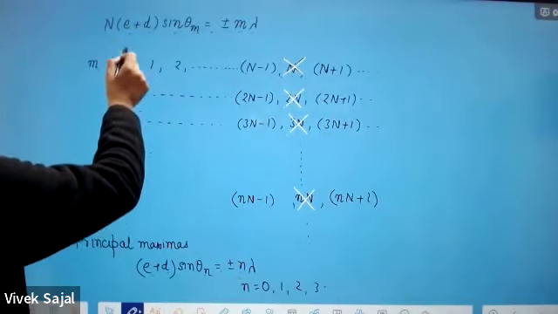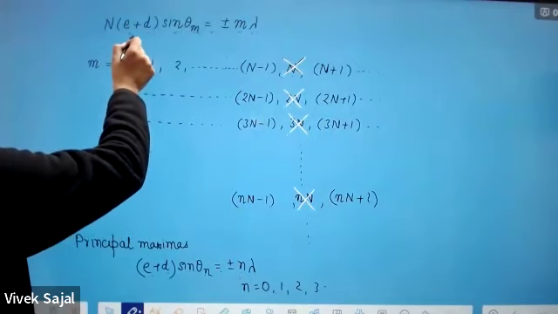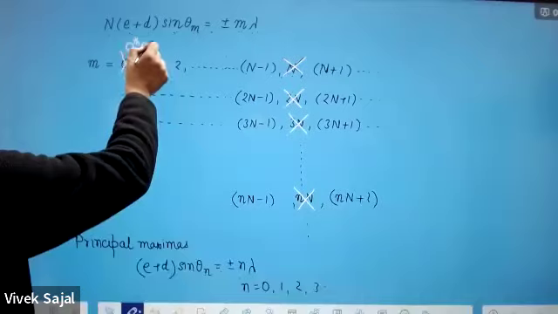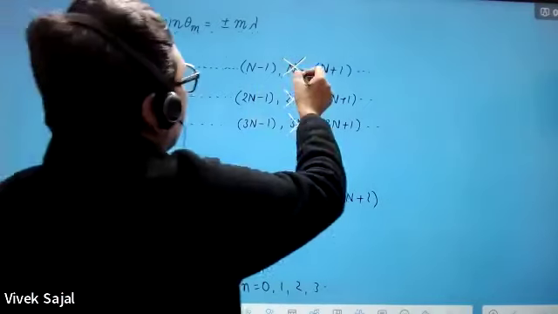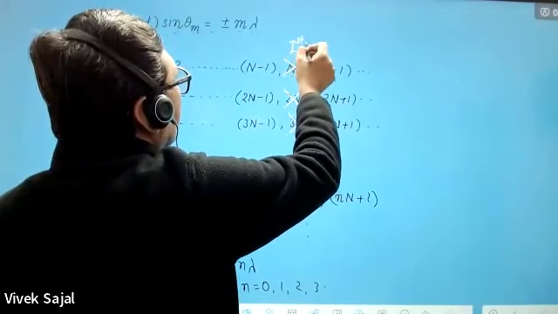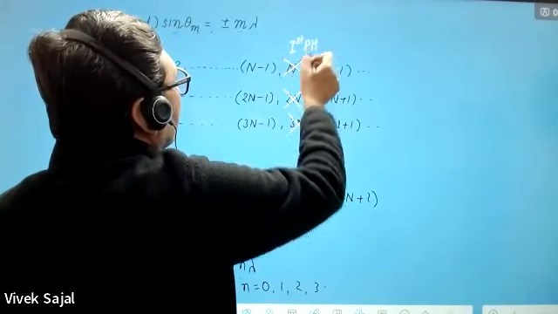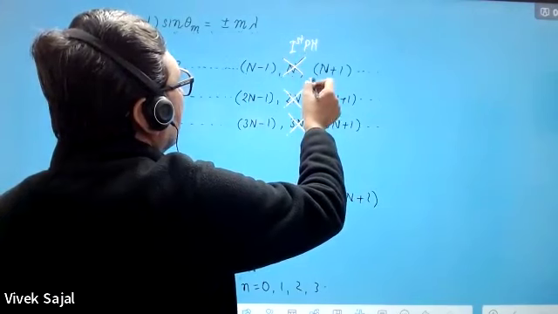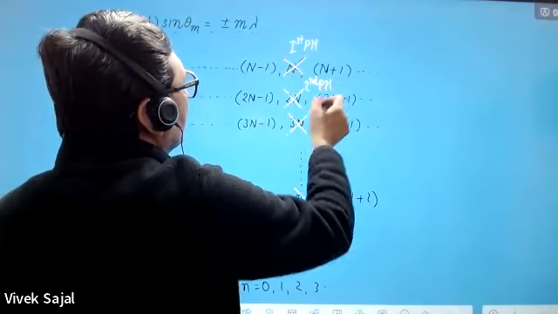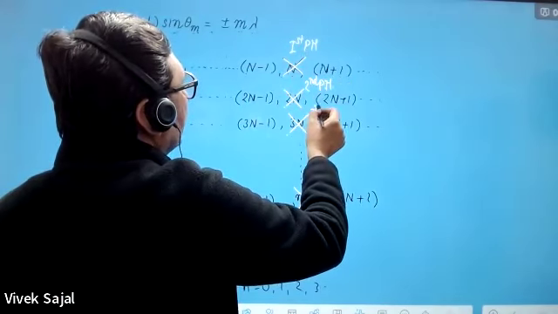This is the position of the 0th principal maxima. What is this? This is the first principal maxima. This is the second principal maxima. This is the position of the third principal maxima.